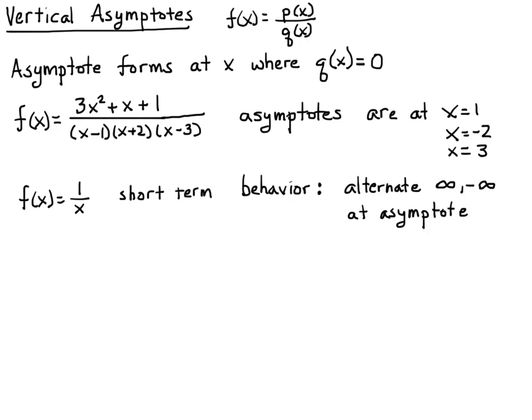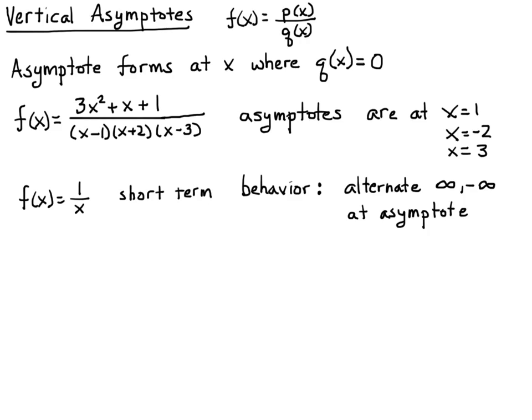Okay, so let's go back to f(x) = 1/x. The short-term behavior, remember, as you came from the positive side, it went up to infinity, and when it came from the negative side, it goes down to negative infinity. And so the direction of how the numbers go is in an alternate fashion.